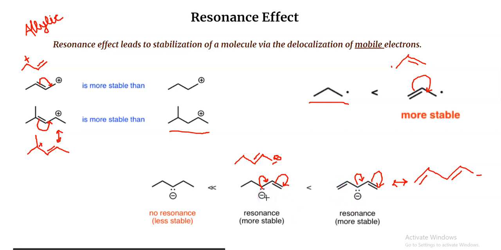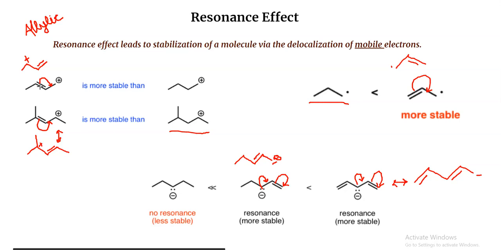So the whole idea is that the resonance effect leads to a stabilization of the molecule via the delocalization of mobile electrons. Whenever you have a carbocation, carbanion, or a free radical, and there is a double bond in the adjacent carbon-carbon bond, then there is the possibility of resonance, and that makes the carbocation, carbanion, and free radical all more stable.